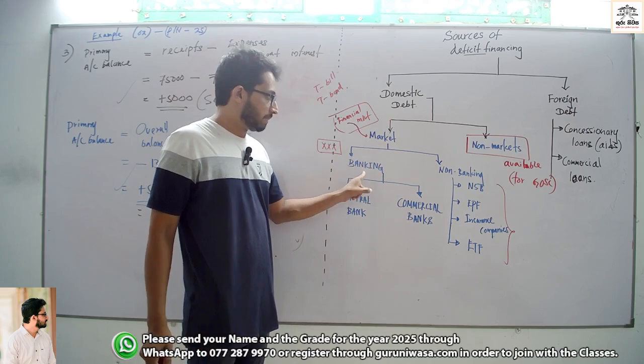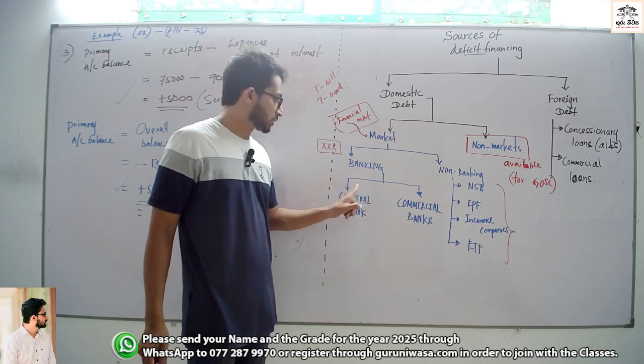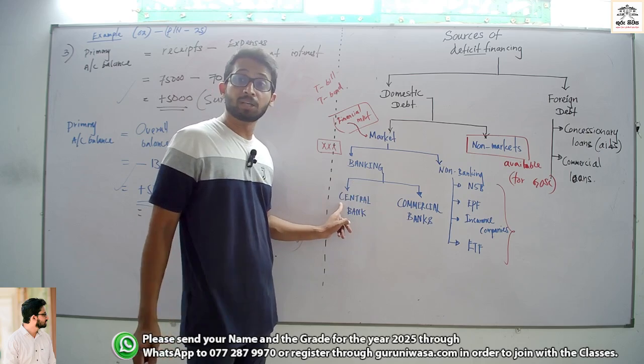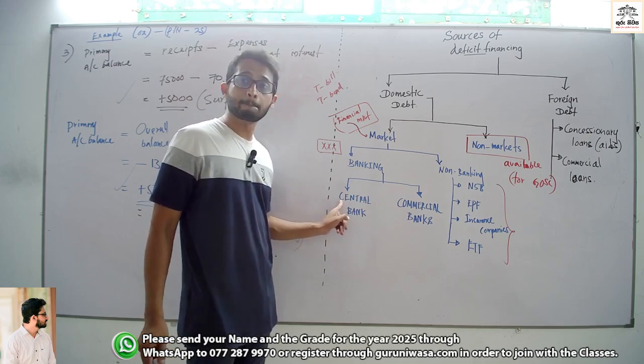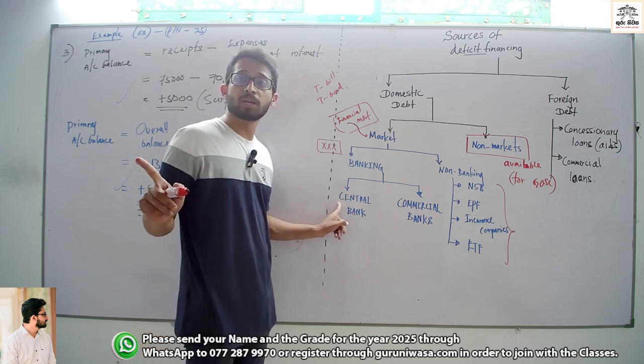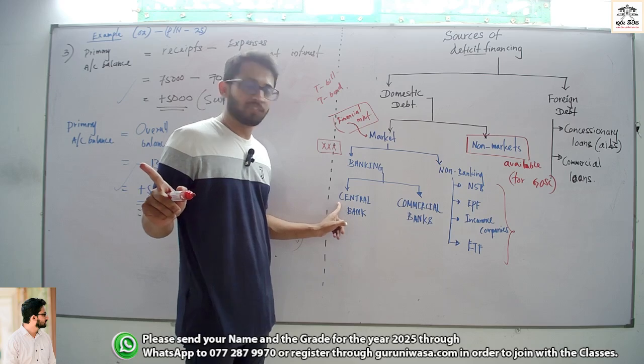The banking sector means the Sri Lankan government can borrow funds from the central bank and commercial banks. Can you remember, if government asks for loans from the central bank, it has only one option. What is the option? How does the central bank lend funds to government?